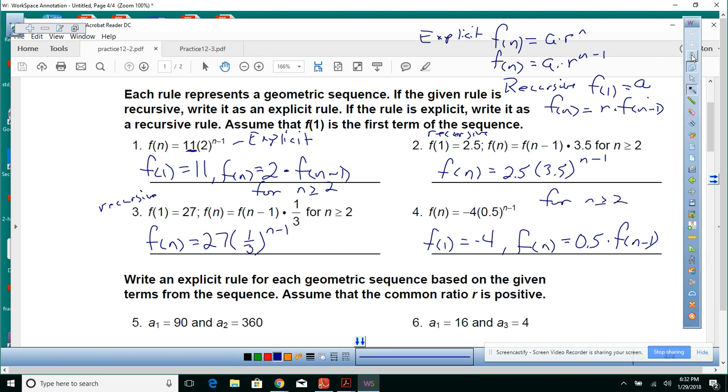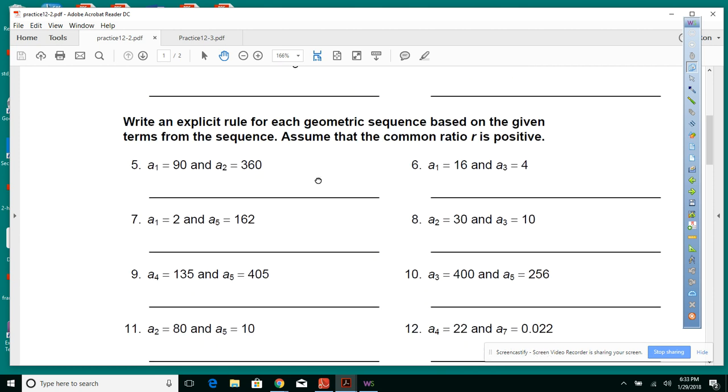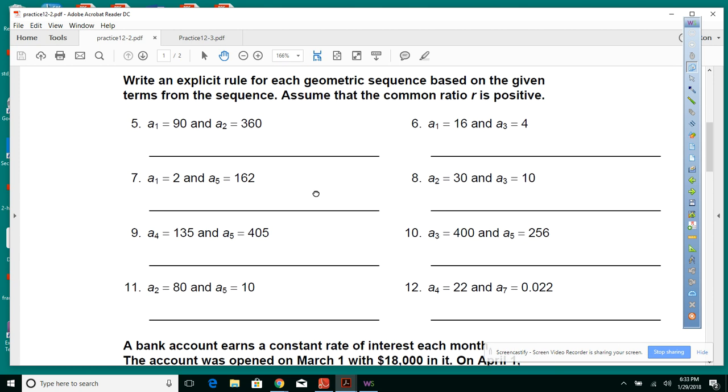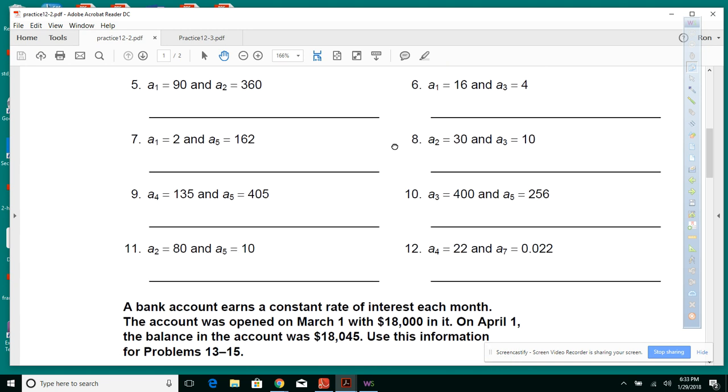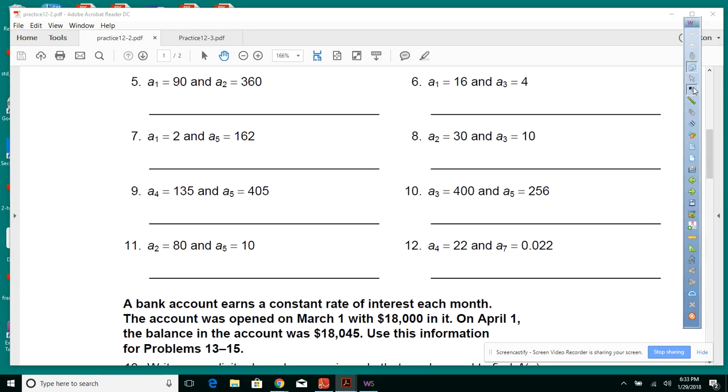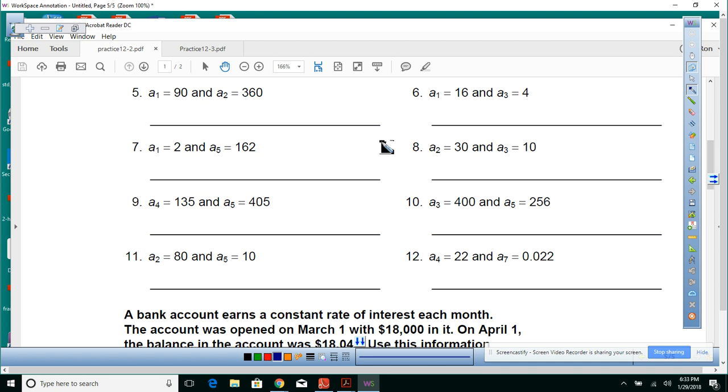Cool beans. Let's try number 5. Write an explicit rule for each geometric sequence based on the given terms of the sequence. Assume that a common ratio r is positive. Okay. So what do I got here? I got 360.